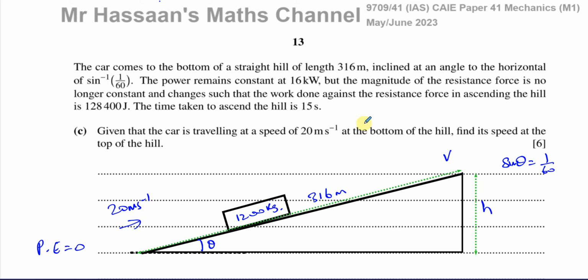We know that the work done against resistance in ascending the hill is 128,400 joules, and the time taken to ascend the hill is 15 seconds. Now, we know that the power is remaining at 16 kilowatts. And I know that power is equal to work done over time. So that's going to help us with this question.